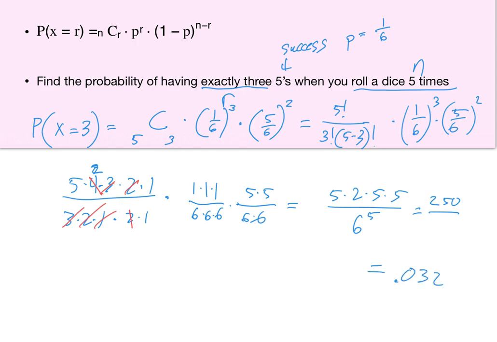Which means, probably the most important part, if I roll a dice 5 times, and in those 5 rolls, I have a 5 show up 3 times, there was only a 3% chance that that could have happened. Not very common.